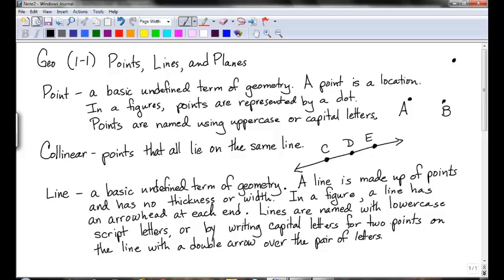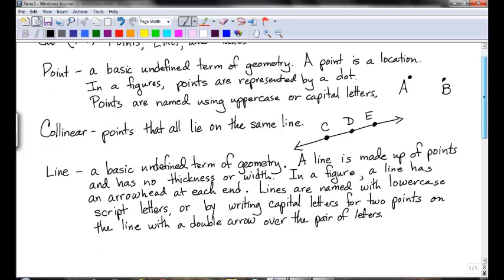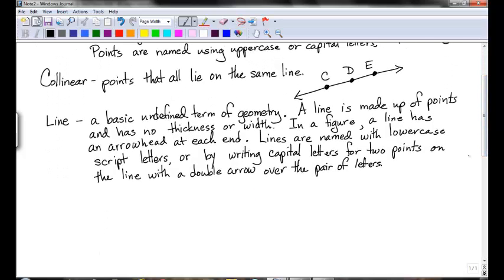Let me repeat that. Lines are named with lowercase script letters or by writing capital letters for 2 points on the line with a double arrow over the pair of letters.